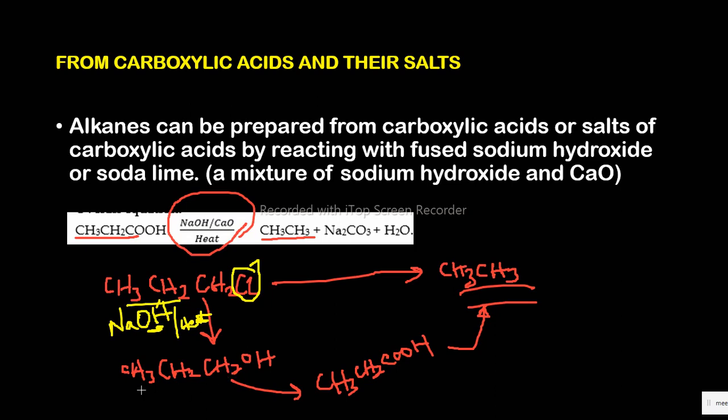And then after forming this, we shall oxidize our alcohol. Let me write it. Here we shall use potassium manganate, any oxidizing agent. You can use potassium permanganate, you can use potassium dichromate(VI), but it should be acidified.